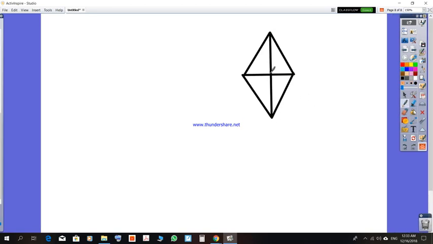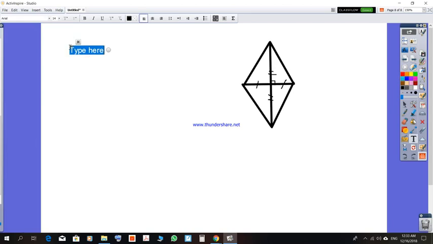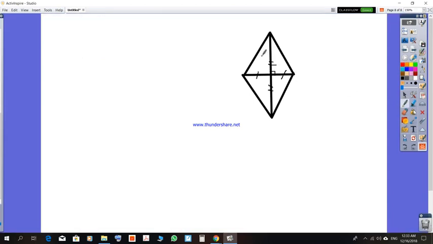Here we have two axes of symmetry, and they are diagonals. So diagonals bisect the opposite angles in a rhombus. This angle here equals this one, the second one.